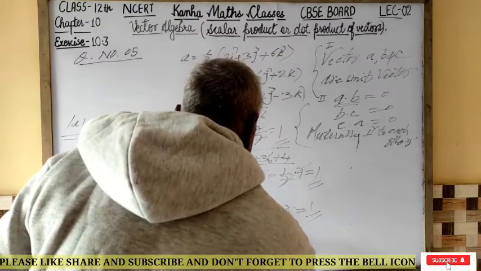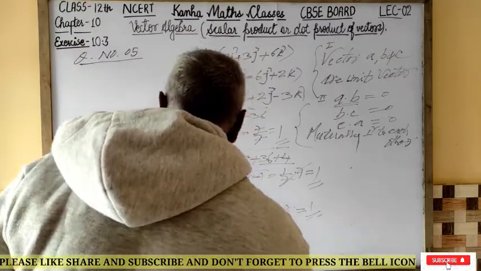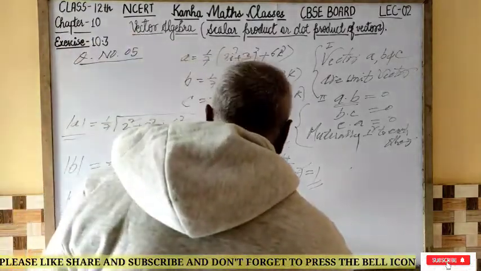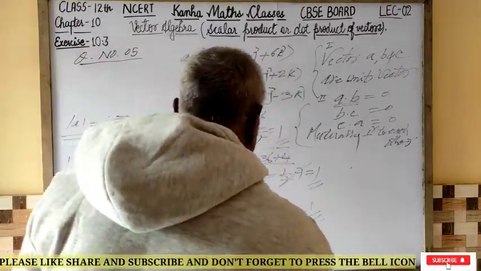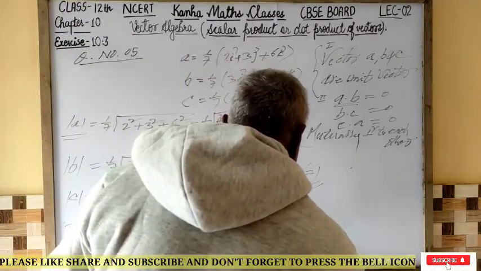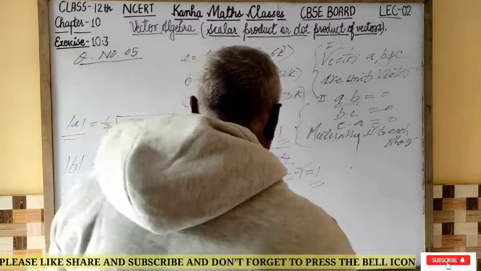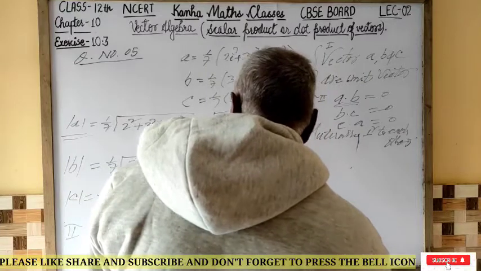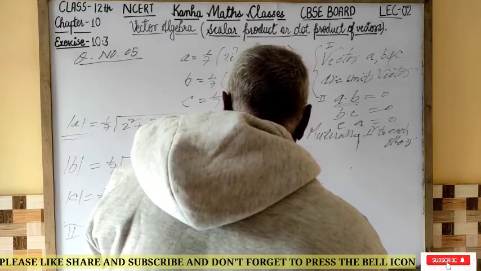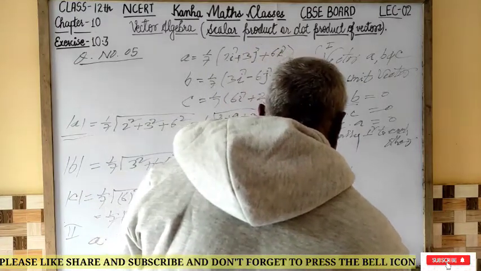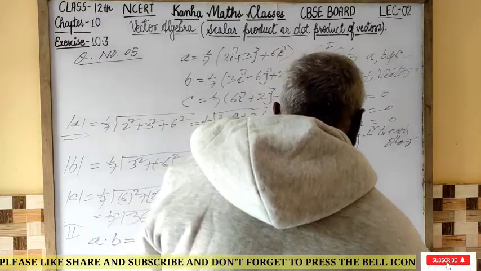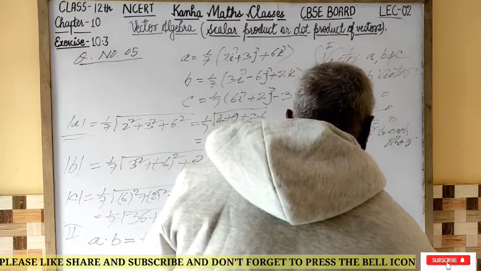That equals 1 upon 49 times 6 minus 18 plus 12.